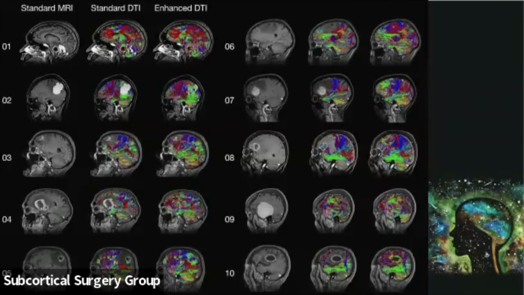If you have a GBM, such as this case here with perilesional edema, you have very good definition of the brain tumor interface. So this indicates to us that its utility for resection is somewhat better in primary tumors, in glioma in particular, but you can learn perhaps something about the internal architecture of a tumor, even if it is a tumor that then develops false tracts in it during the imaging.